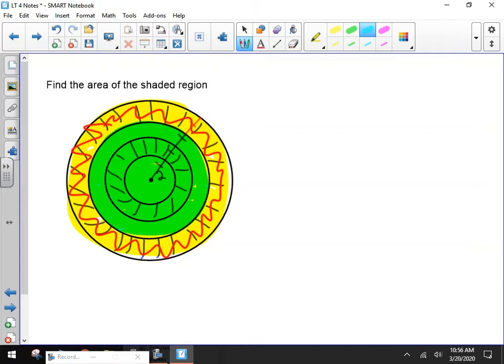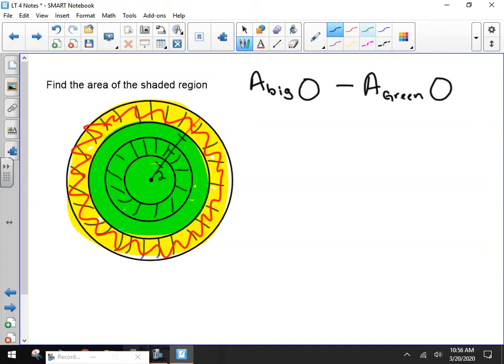Okay, so that ring, that red ring that I want to find, is the big yellow circle, but taking away the green circle. So what I'm going to do is take the area of the big circle, and I'm going to subtract away the area of the green circle to find the outer ring. Okay, so remember area is pi r squared in a circle.